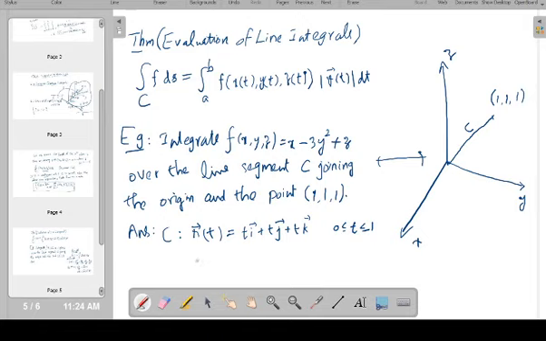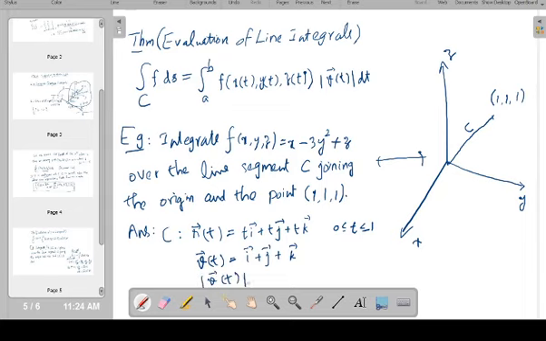Now what is the velocity vector? V of t is differentiate component wise. So this is x of t, this is y of t, this is z of t. All are equal to t. So dx by dt is 1. So vector i, similarly plus vector j plus vector k. Now what is modulus of v of t?